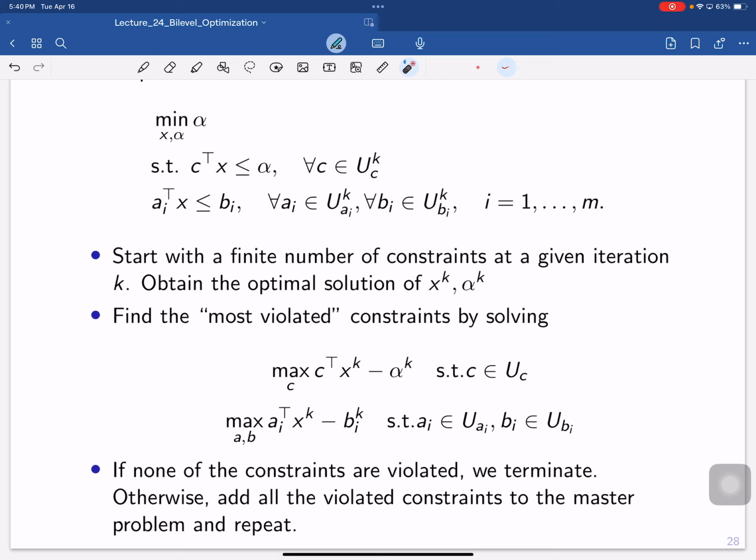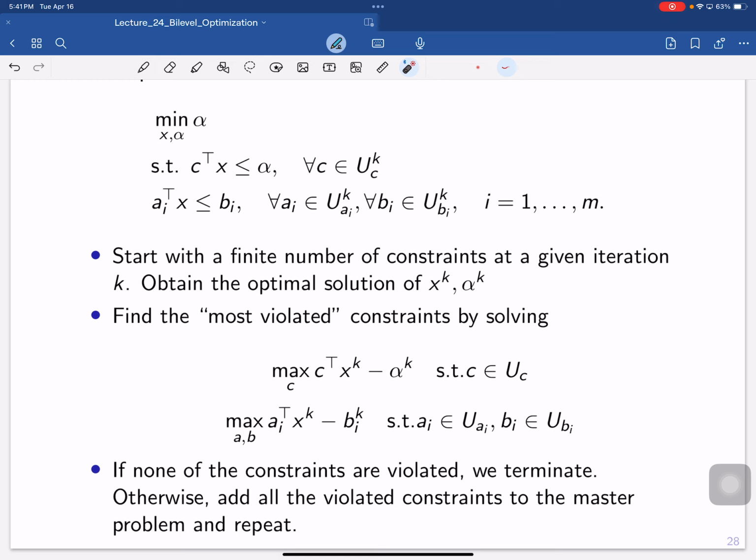For a polyhedral set, you can terminate in a finite number of steps. For a convex nonlinear set, at least you can get something like finite epsilon convergence. Okay, so that's the idea. We have been using similar ideas multiple times, in Benders, in Lagrangian, and so forth. This is just an application of these cutting plane methods to a semi-infinite programming problem.